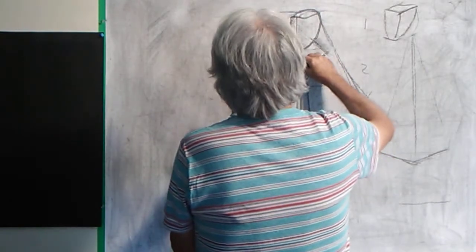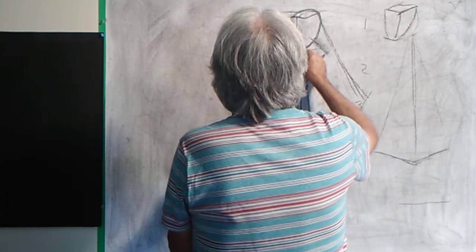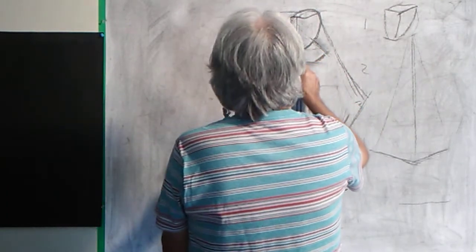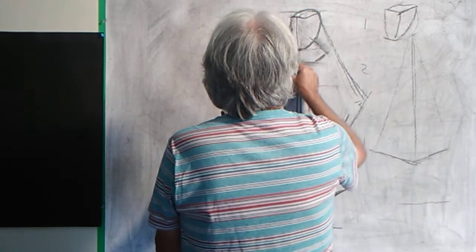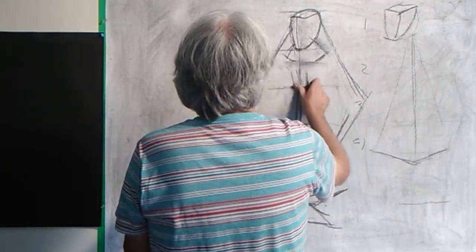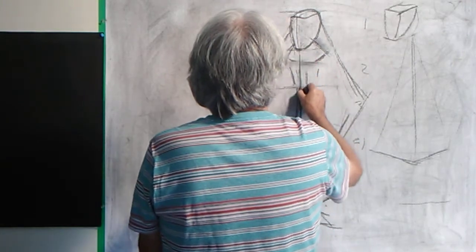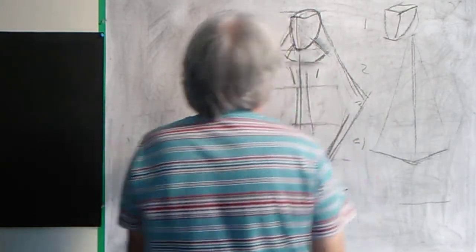Her shoulders, we've got our center line designated down there. She's in perspective, so this side of her body is going to be narrower than this side of her body. So I'm just going to make 2 marks so you can see it.